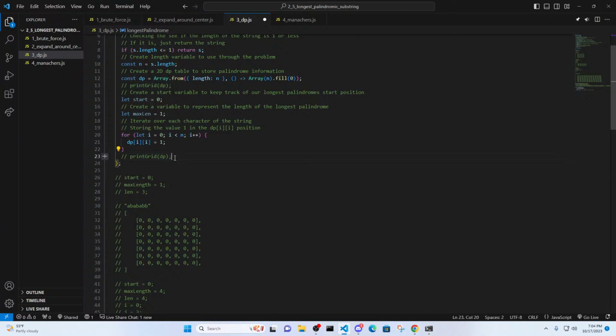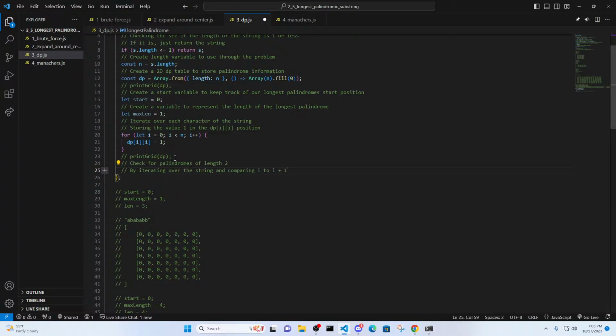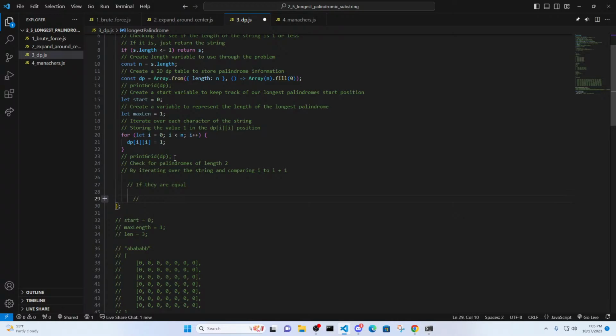So with this one, we'll go ahead and do checking for palindromes of length 2 by iterating over the string and comparing s[i] to s[i+1], and if they are equal, then we are just going to set our grid's i and i plus 1 position to 2.